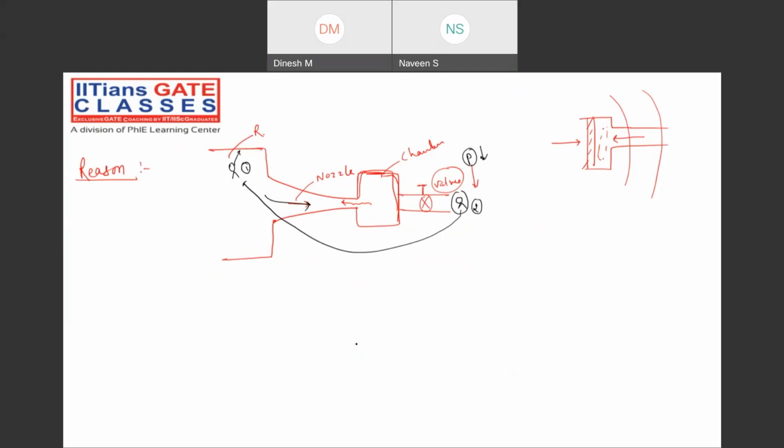The reservoir will say, okay, boss, we have just increased the mass flow rate. Further, we have reduced the pressure. This person will feel that the pressure has been reduced slightly further. Then again, it will communicate to person number 1, and again that person will communicate to the reservoir. And the reservoir will say, okay, we are just increasing the mass flow rate. Just hold on. After that, what will happen?